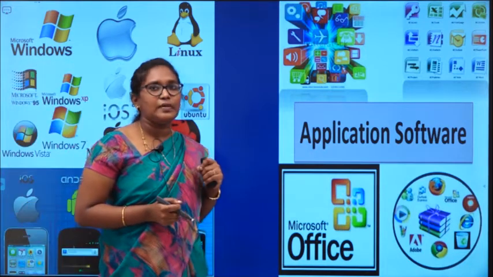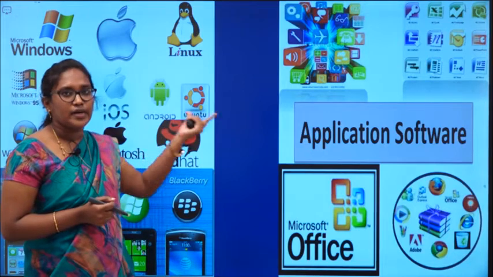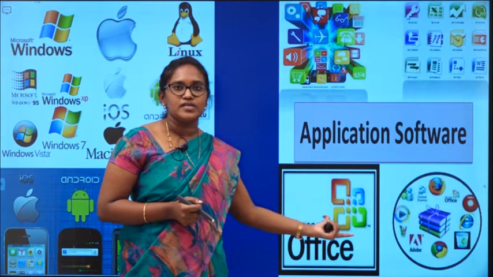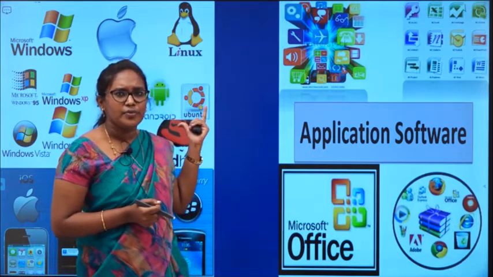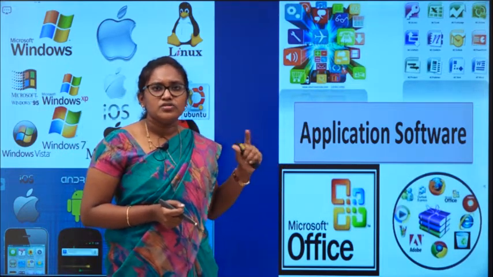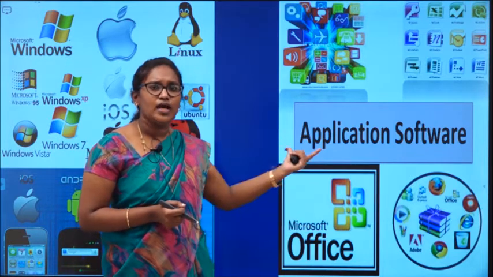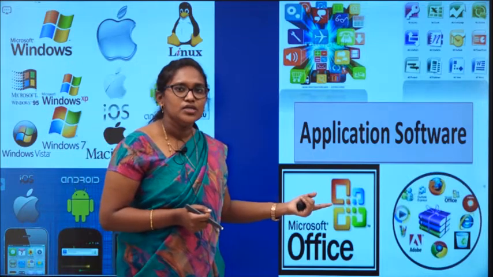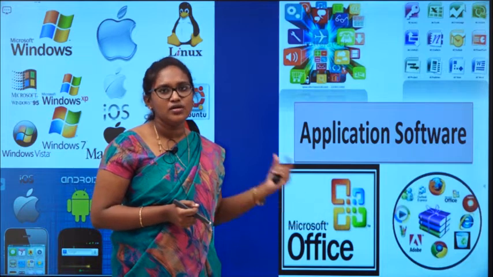So what is application software? Inside this operating system, you will have different applications. That means here you have only the operating system and here you have multiple applications. One more difference is the computer can work without these applications. It depends upon the user's interest whether to have these applications or not.